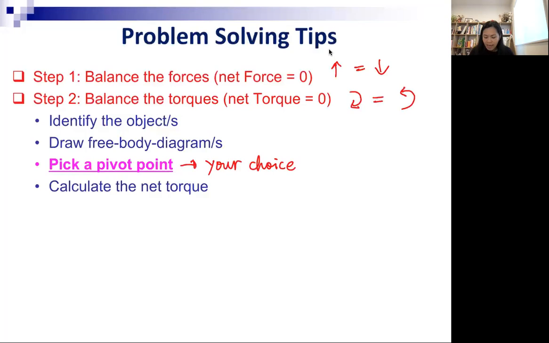Before you can calculate the torque, you need to choose your pivot point, because to calculate the torque you need the moment arm, multiplied with the force, and to find the moment arm you need to know where the pivot point is, because the moment arm is the distance between the force and the pivot point.